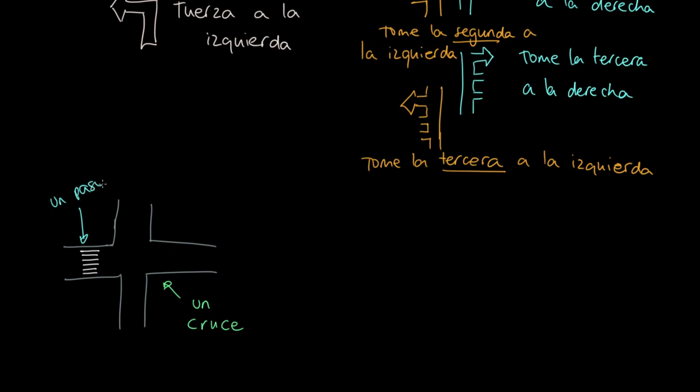Okay. Another thing we may find is this. Un paso de peatones. Un paso de peatones. Peatón, pedestrian, okay? Un paso de peatones. Another thing we may find is this. A roundabout.